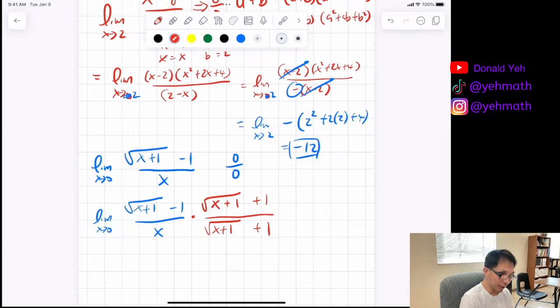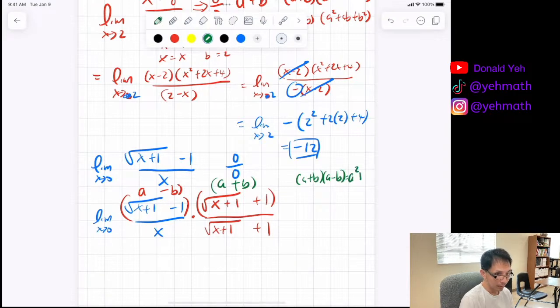That's called conjugate. So look at the conjugate. Look at this as a minus b, right? You wanted to have a plus b. Because nice thing about a plus b times a minus b is equal to what? And that's the reason why we do that.